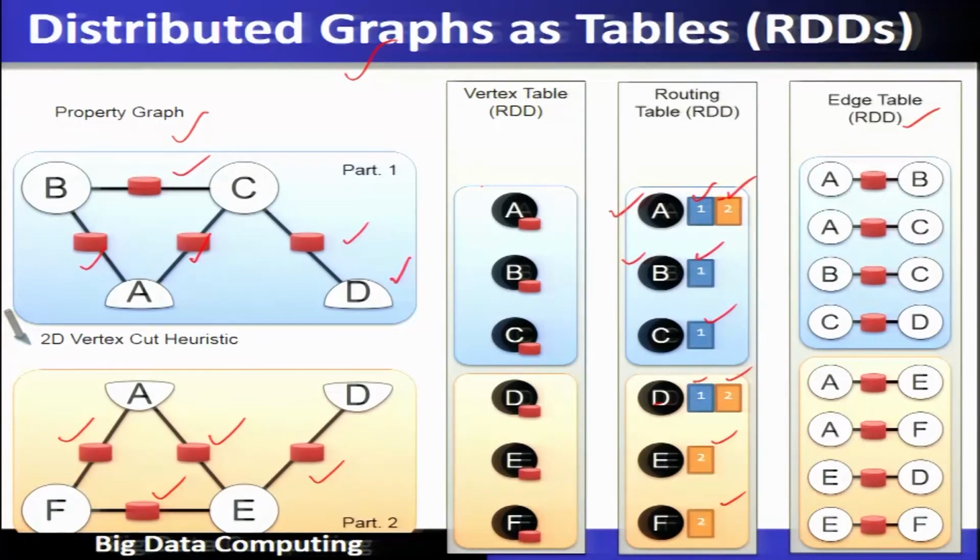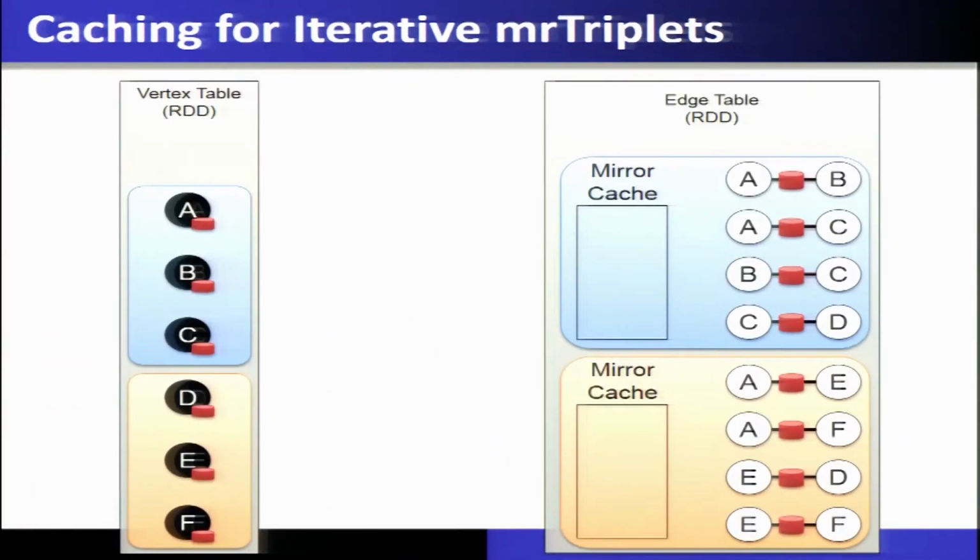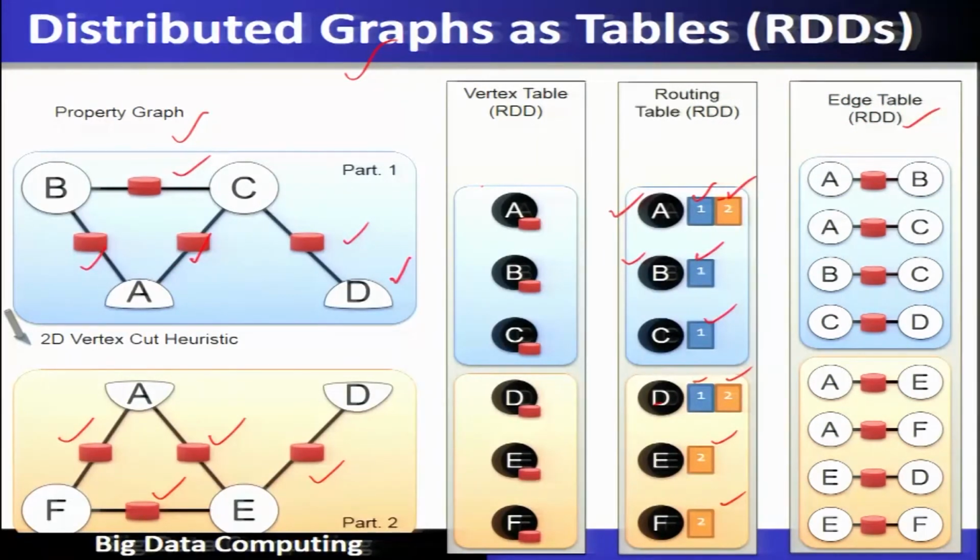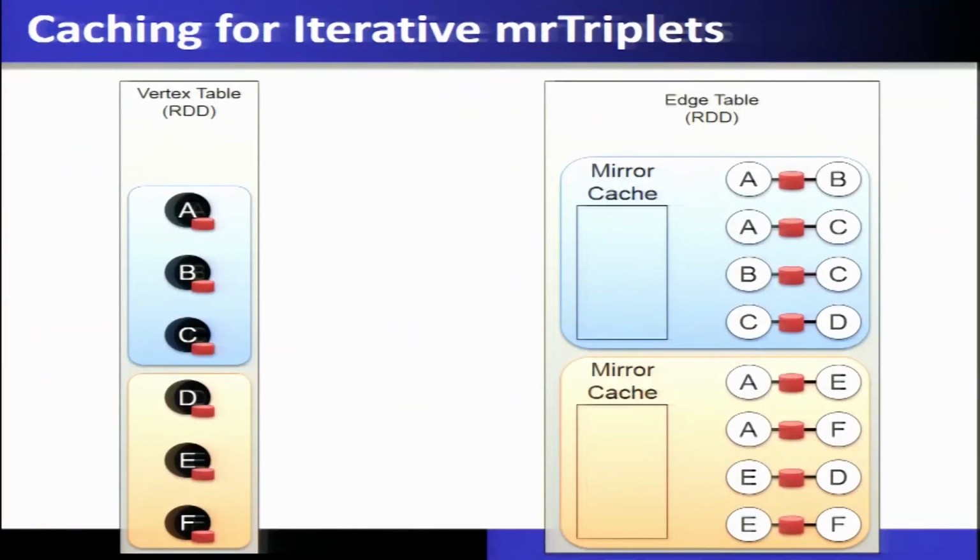Once the routing table captures this information, the interactions between the nodes and their corresponding edges can be facilitated using the routing table. Now, if we keep this routing table information with the edge table as a part of caching, then this communication cost can also be reduced.